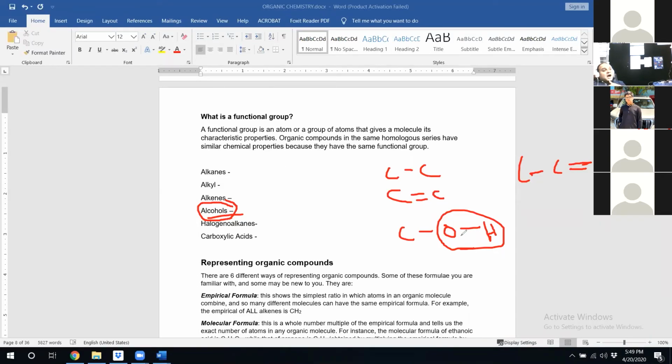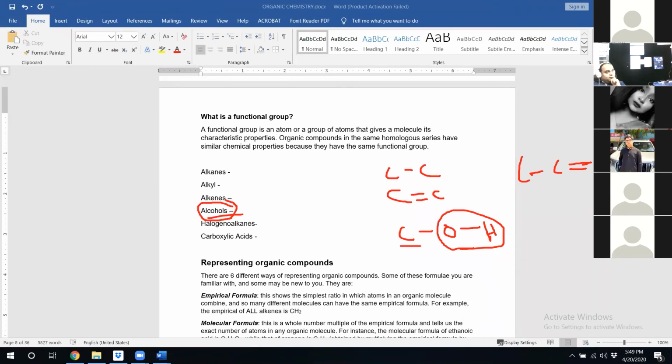If it has a carbon attached to an OH group or hydroxy group, we classify it as an alcohol. And if all of them coexist in the same compound, then there's a hierarchy chart, যেটা আমরা পরে পড়ব at the end of the chapter, who is more powerful than who.